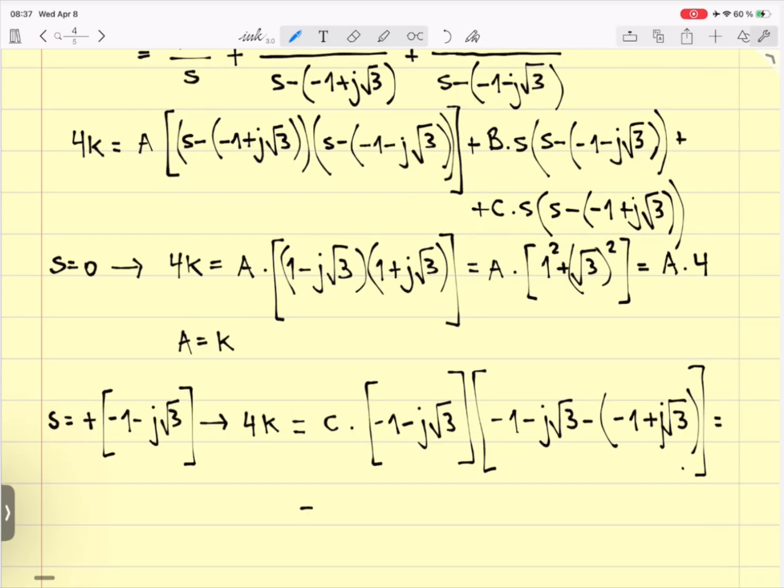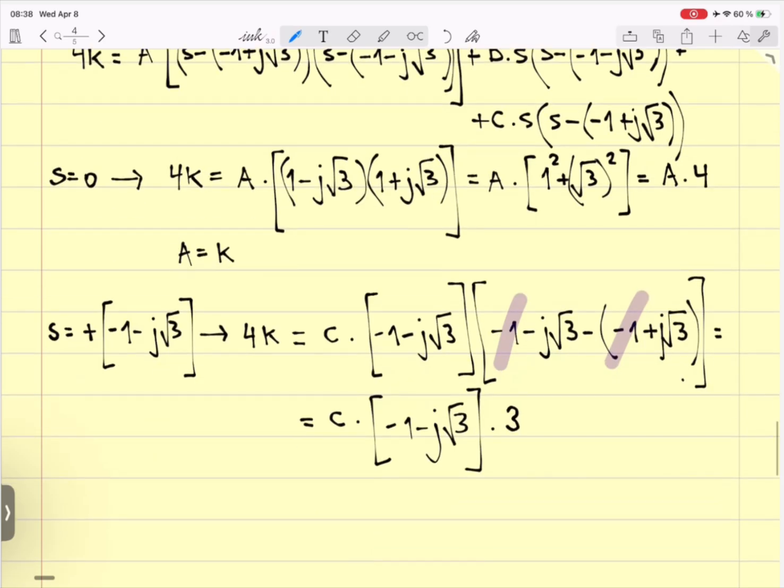This yields c times (minus 1 minus j square root of 3) times, minus 1 goes with plus 1, minus j square is plus 1, so this is 3. As a result, c equals 4 divided by 3 k times 1 divided by (minus 1 minus j square root of 3).